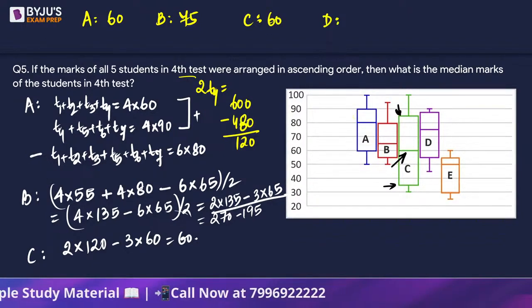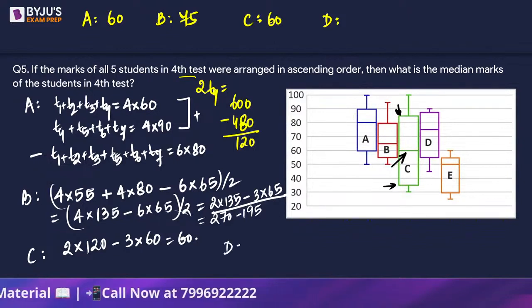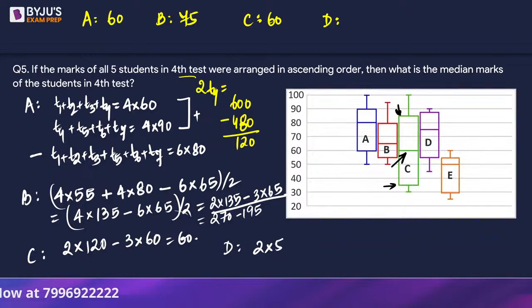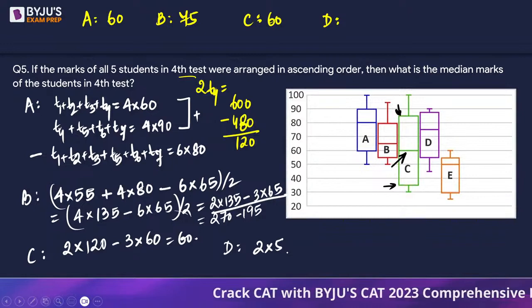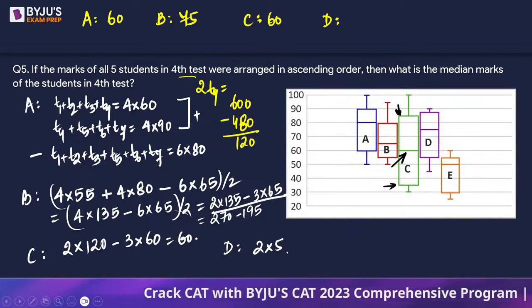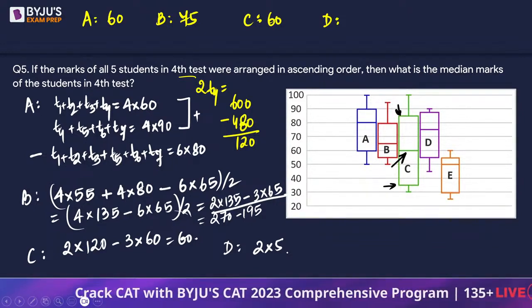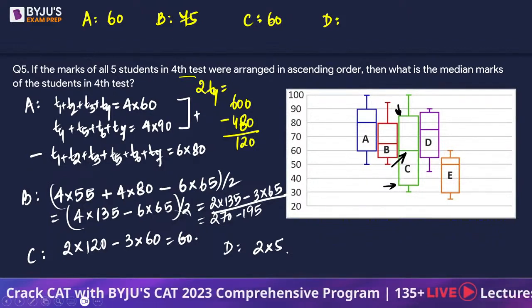D का क्या होएगा? So D is going to be 2 times of the bottom number, which is 55, plus the upper number, which is 85 से ज़्यादा है. This is 87.5. So we will have 55 plus 87.5, which is going to give us 50 plus 80 is 130. 5 plus 7.5 is 12.5.